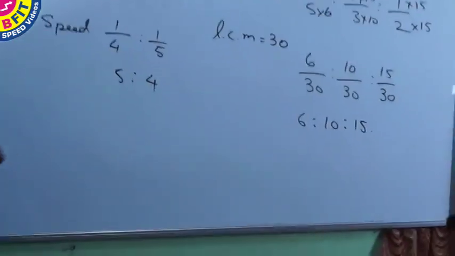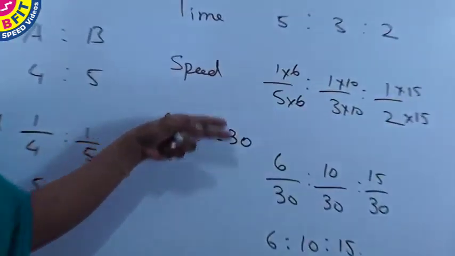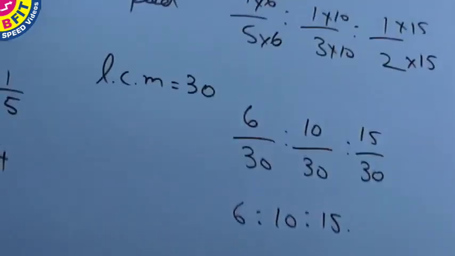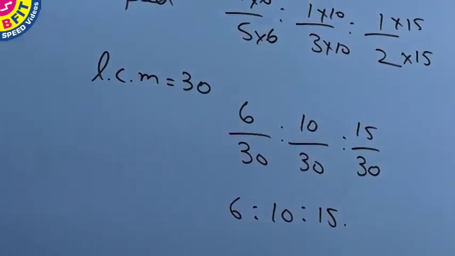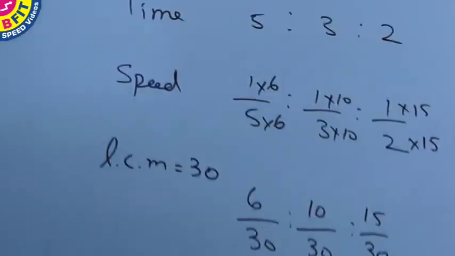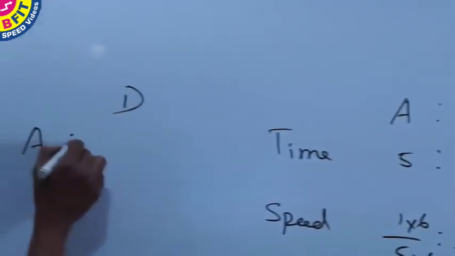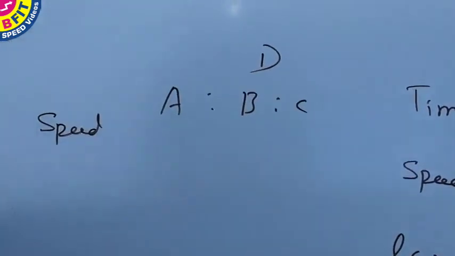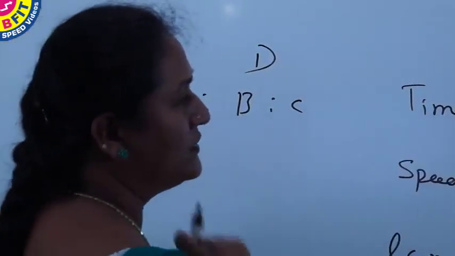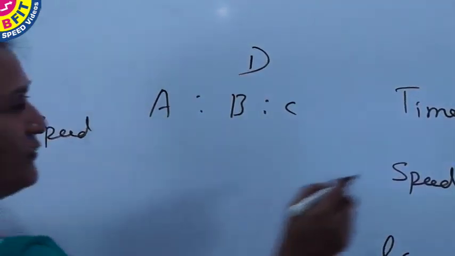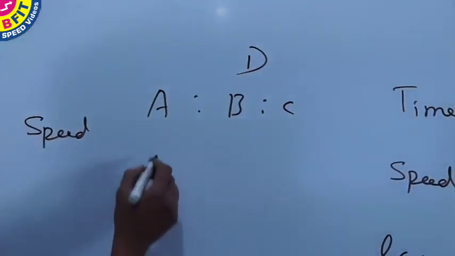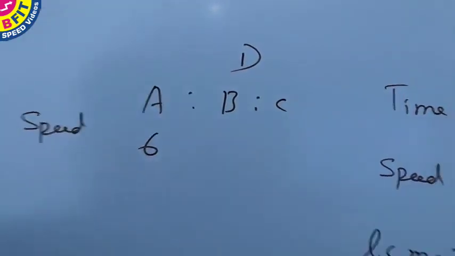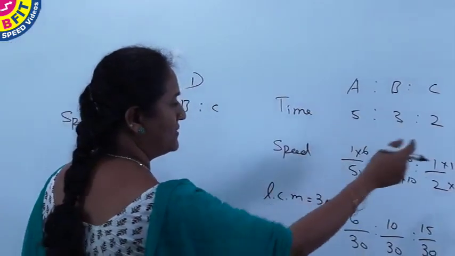To find the inverse ratio, instead of taking the reciprocal and LCM, for these 3 persons A, B and C, just multiply the other 2 parts. For the speed taken by A, for B and C we have 3 and 2, so multiplying them you get 6. For the speed taken by B, multiply the parts for A and C, it is 10.